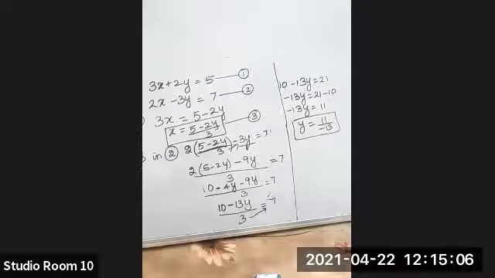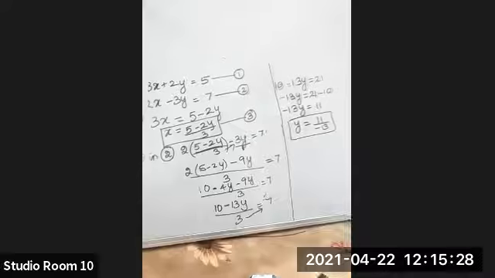When one equation has big coefficients and greater numbers, you avoid it. Take the equation with smaller coefficients. Here both are more or less the same, isn't it? 2 and 3 only we are getting. So either you can substitute in the first one or the second one.